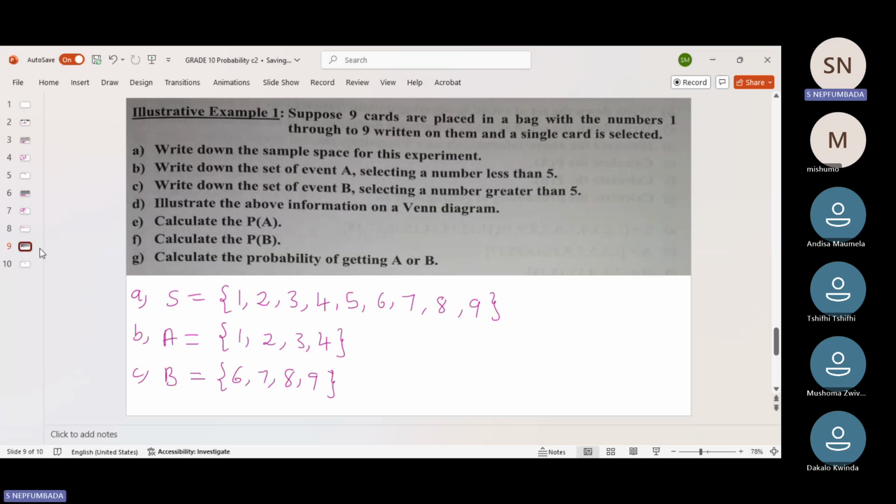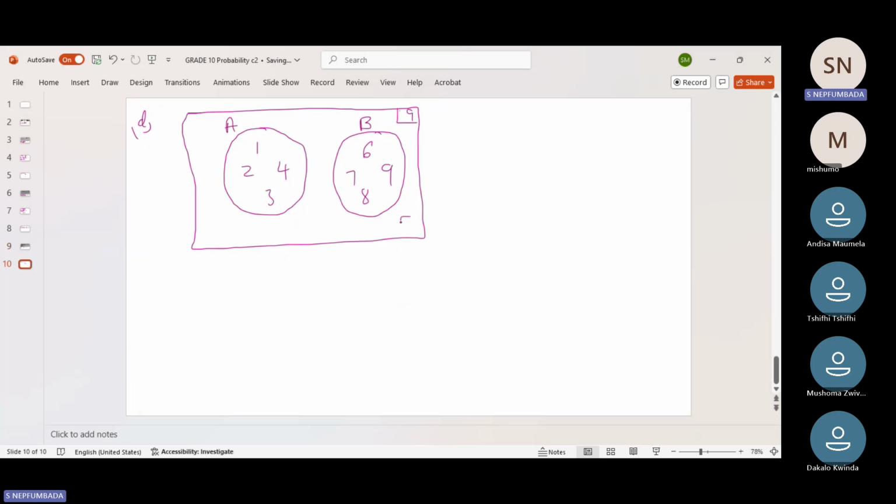Yes, it's 5. It means 5 is outside, it doesn't fall in either A or B. Then you are done. Are we satisfied? Yes.